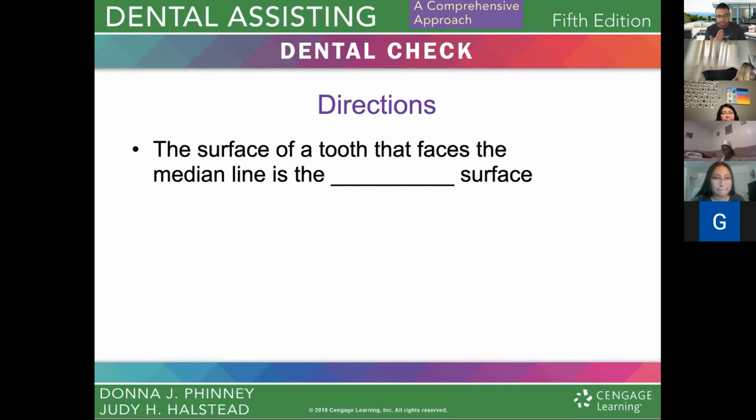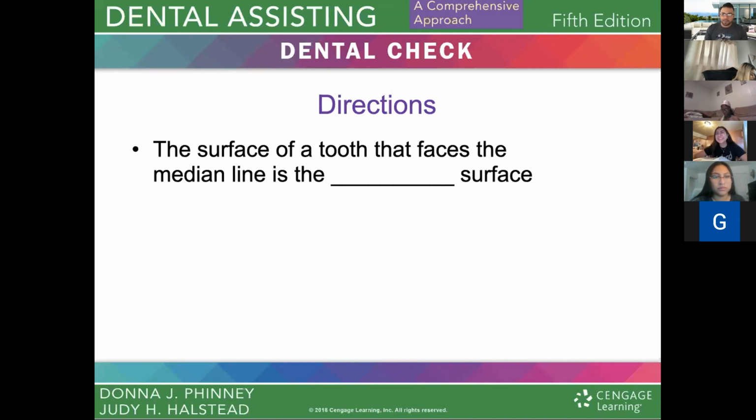And in dentistry, we think of that mid-sagittal plane as the midline. In other words, the median line is also referred to as a midline. So what surface of the tooth is closest to the midline or median line? Mesial. That is the mesial, you're right.